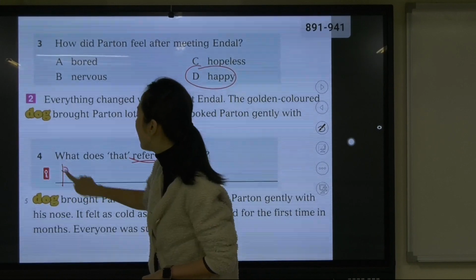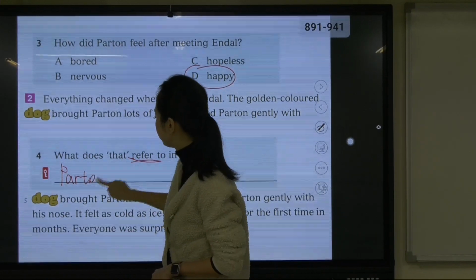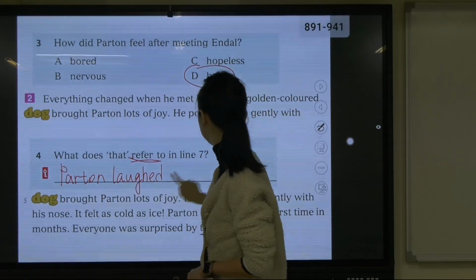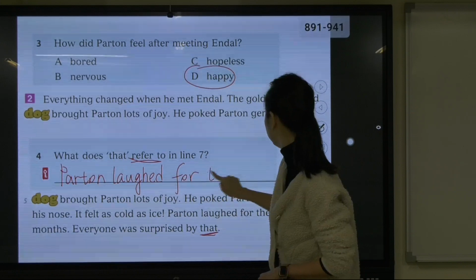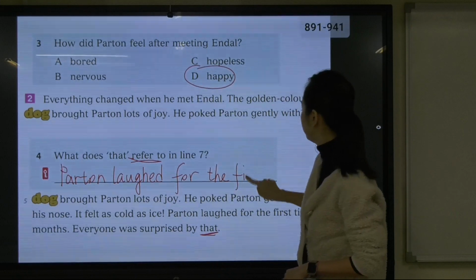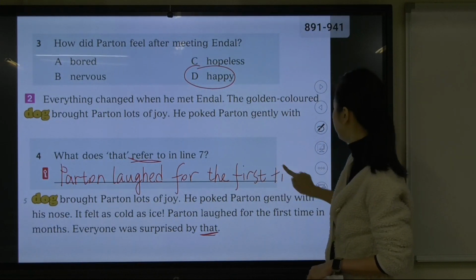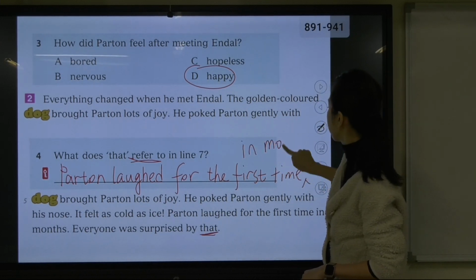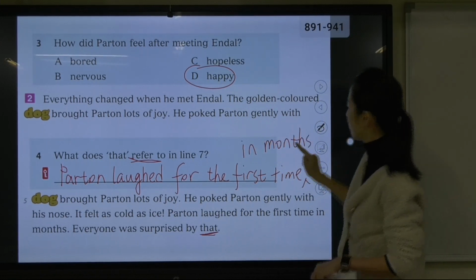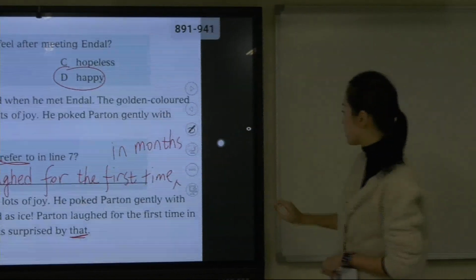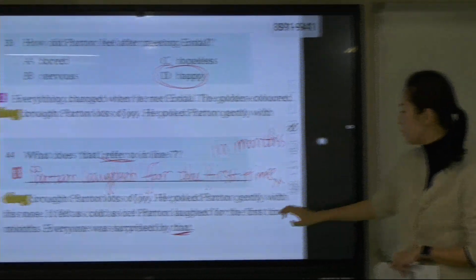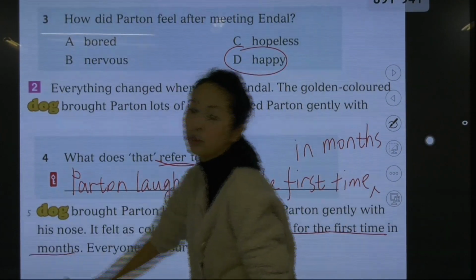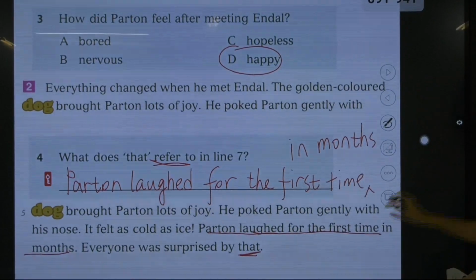Parton laughed, right? You can copy the answer from your text, okay? I don't give you time to write down, you can copy.